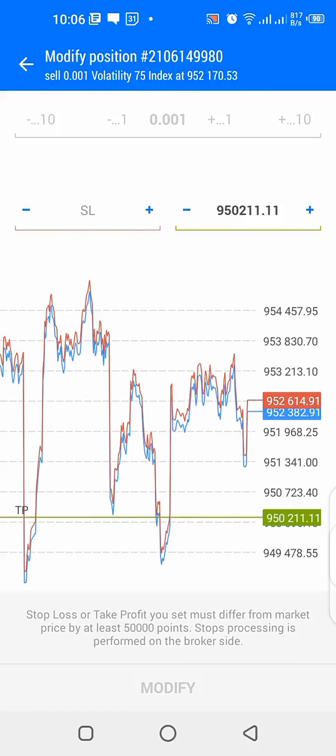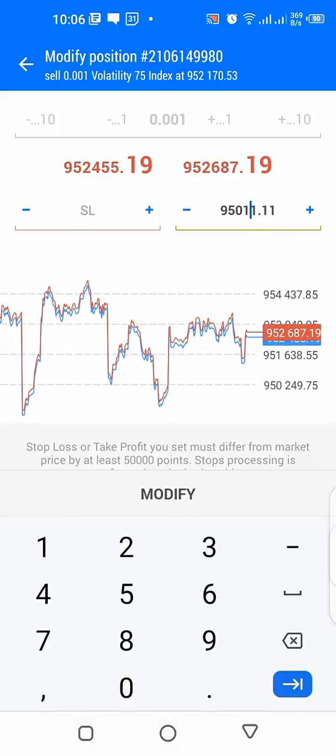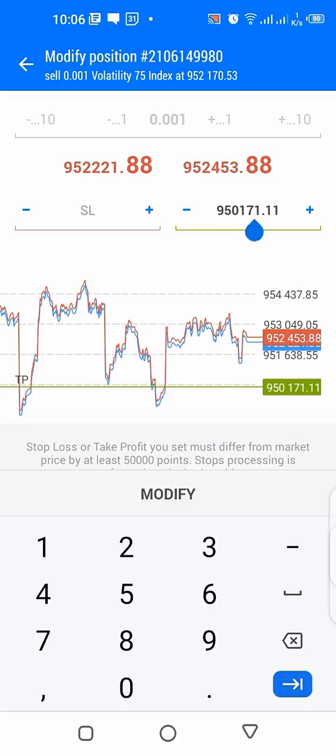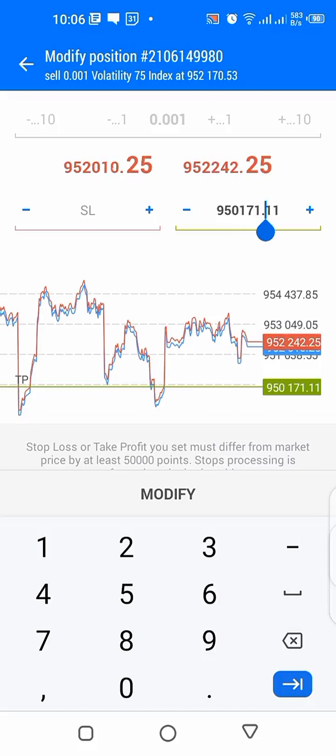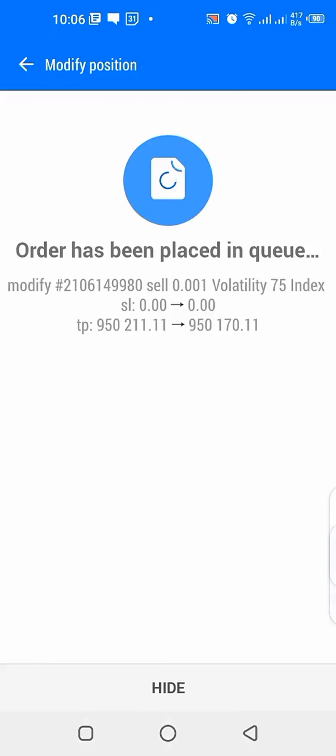Okay, now I have a drawdown already. So what I'm doing now is adjusting the take profit of the running sell trade to exactly 2,000 points, which is 950,170.11.